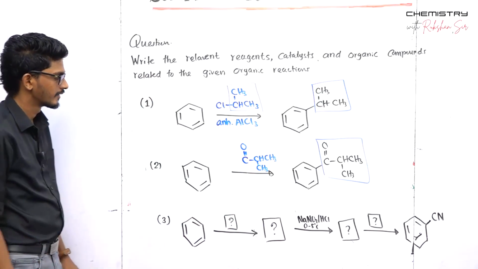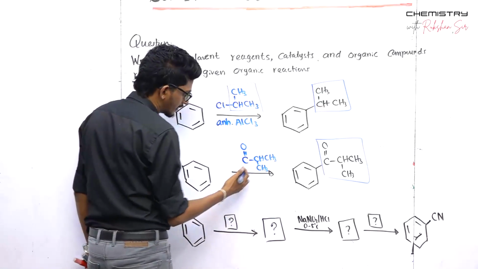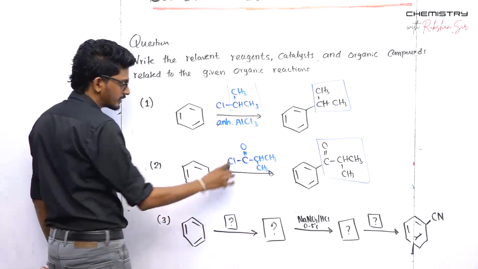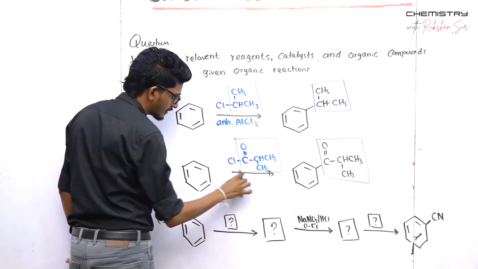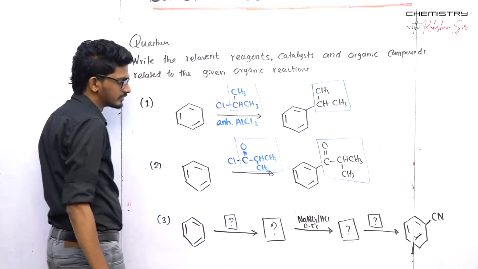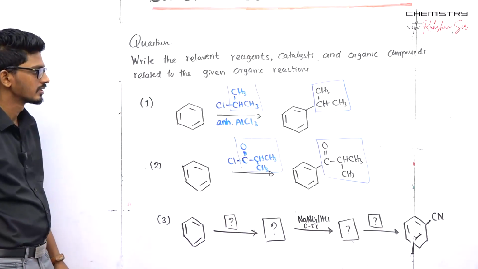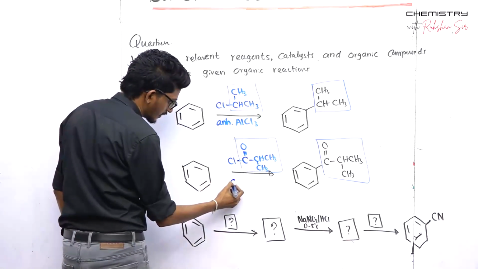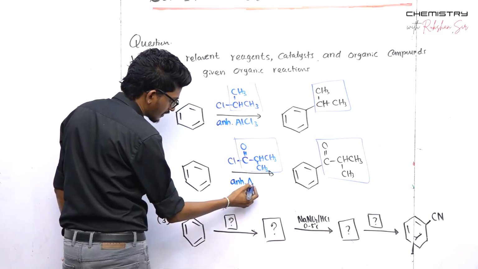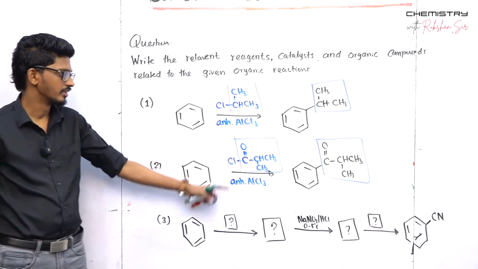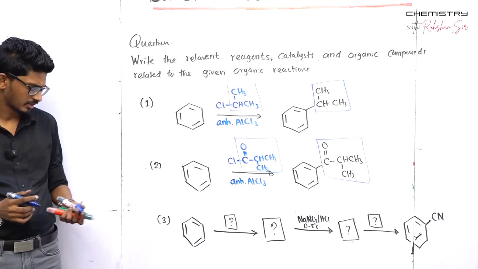So to that, just add a halogen so it can leave. This group will be connected by leaving the halogen. Instead of the halogen, the benzene will connect there. So with the anhydrous AlCl3, you can add the stuff. Always a catalyst is needed.